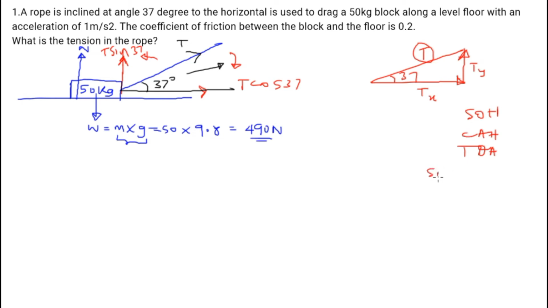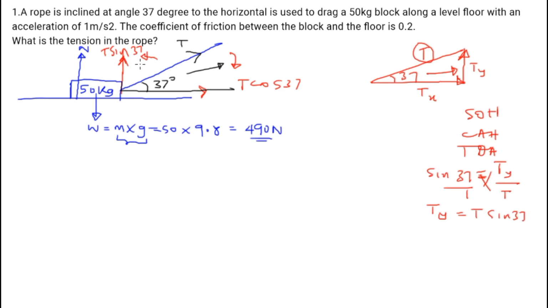SOH means sine of the angle is equal to opposite over hypotenuse. The opposite to the angle is Ty, so that's Ty upon the hypotenuse. The hypotenuse is the longest side, that's T. So if I make Ty the subject of the formula by cross multiplication, then Ty will be equal to T sin 37 degrees.